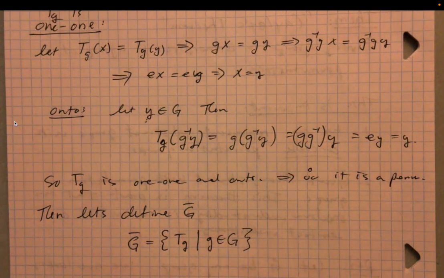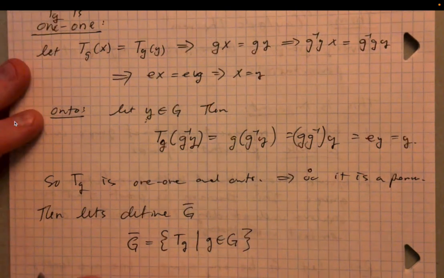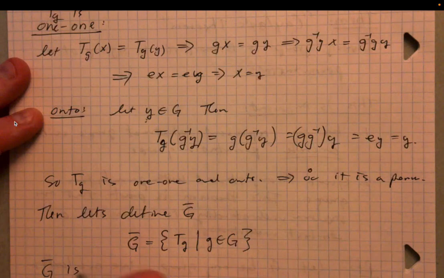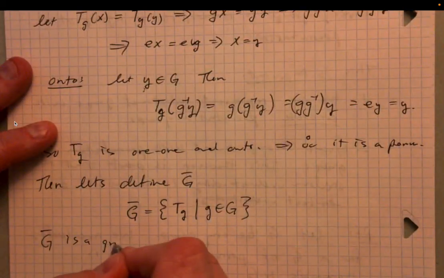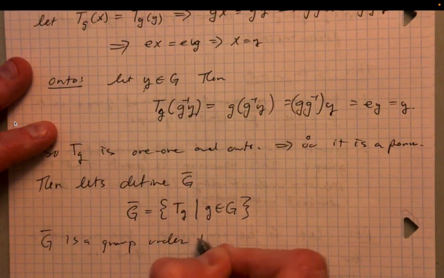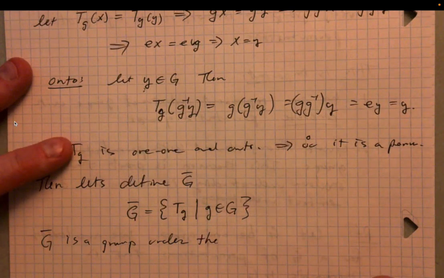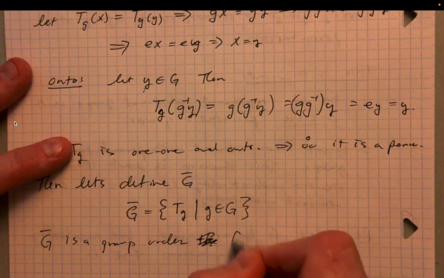So G bar is equal to the set of all T sub g where g is an element of G. G bar is a group under the operation of function composition. That's what we're going to show next.